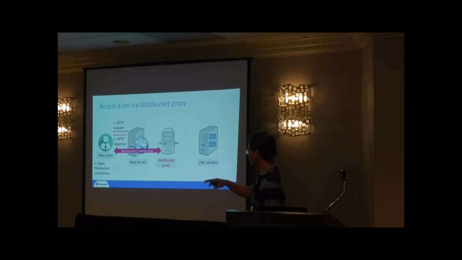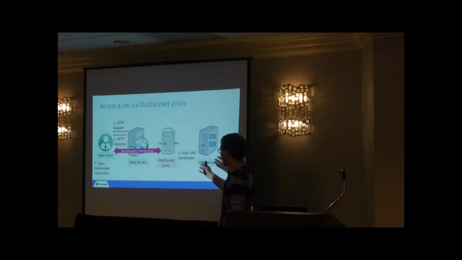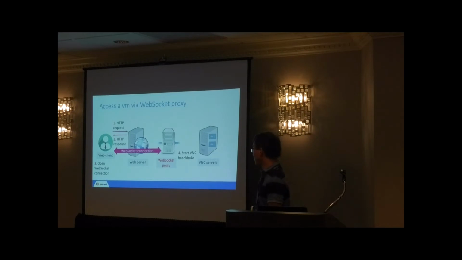And next, the WebSocket proxy will start a VNC handshake to our Windows server. Then, if there are some updates on the Windows server, it will proactively send them back to our browser.